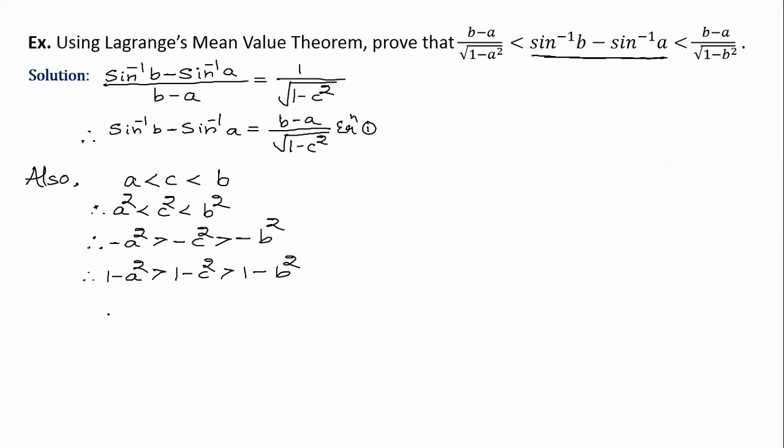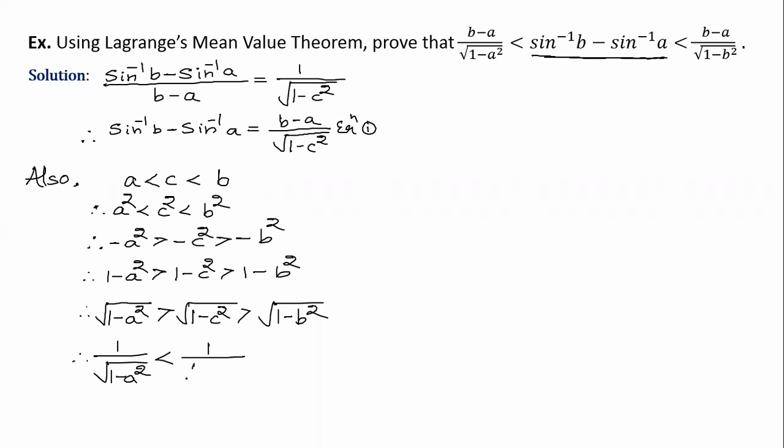After that, take the square root. We'll be considering only the positive square root. And after that, we have to take the reciprocal. So 1 upon square root of 1 minus a square will be less than 1 upon square root of 1 minus c square, which will be less than 1 upon square root of 1 minus b square. Okay, that is fine.